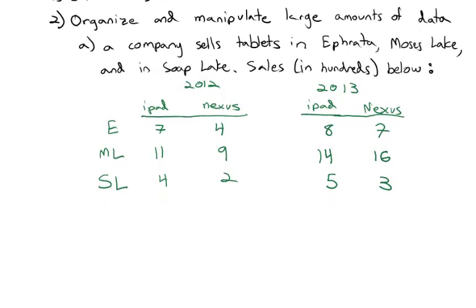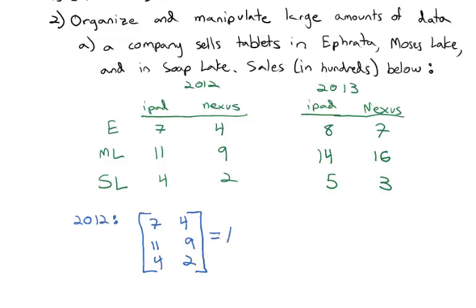Well, what we can do is we can make a matrix to represent each year in this example. So let's say we make a matrix for 2012. A 2012 matrix will have 2 columns, 3 rows, so it's a 3 by 2, and we'll just put the numbers in here, 7, 4, 11, 9, 4, and 2.